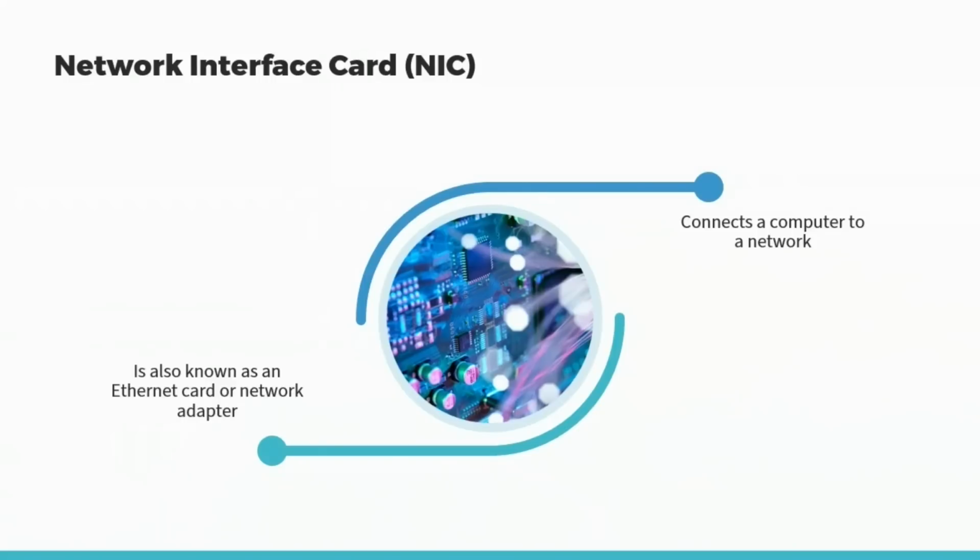Now, it might be in the form of a physical cable connection, or in the case of Wi-Fi, by connecting to the appropriate network access point, but in either case, without a network adapter of some description, your system will be effectively isolated from all others.